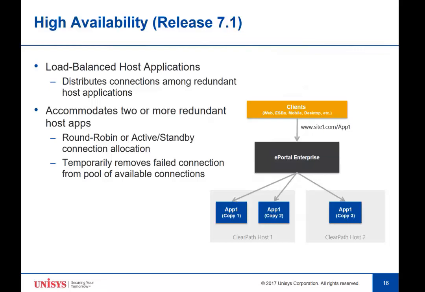Or you can use kind of an active standby type configuration where it always picks one host and application, and then if that becomes unavailable, it goes to an alternate. And you can have any number of alternates or any number of backend applications that you round robin between.